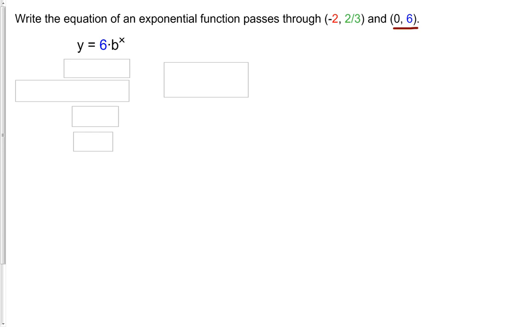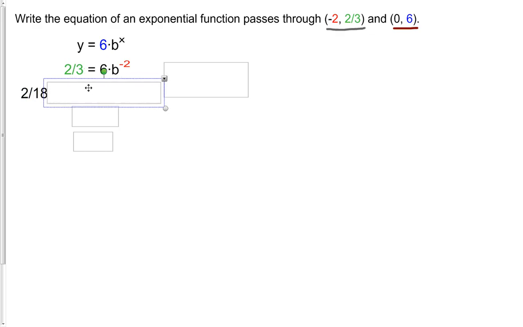So now we can go ahead and start working with our second point, -2, 2/3, and plug that in for x and y. If we do that, we have 2/3 equals 6 times b to the -2nd power. Divide both sides by 6 in order to get that b to the -2nd power by itself, and we're going to have 2 over 18, because we're just dividing this whole term by 6.